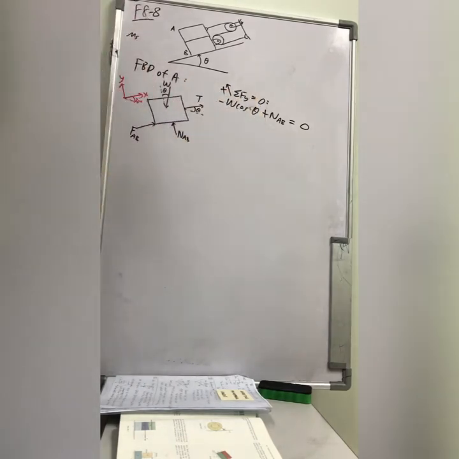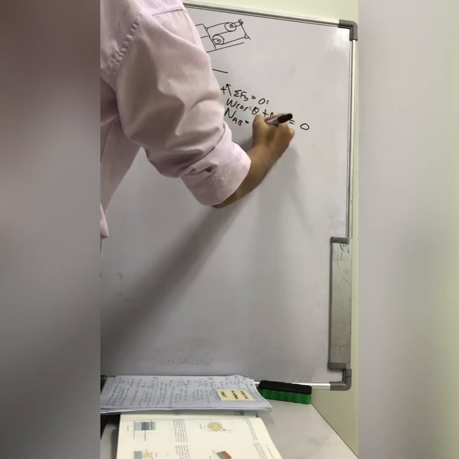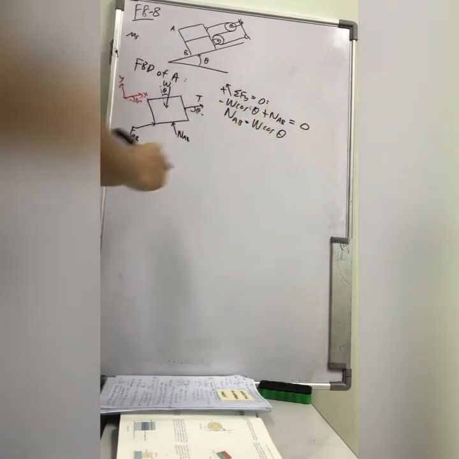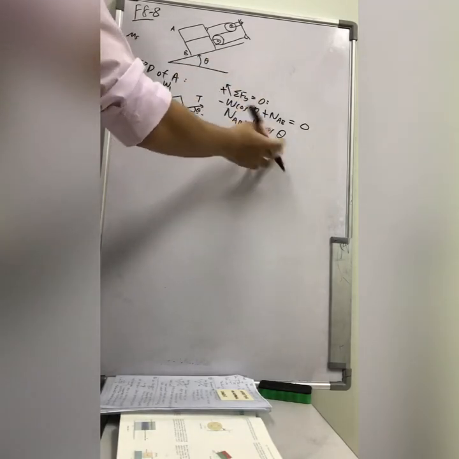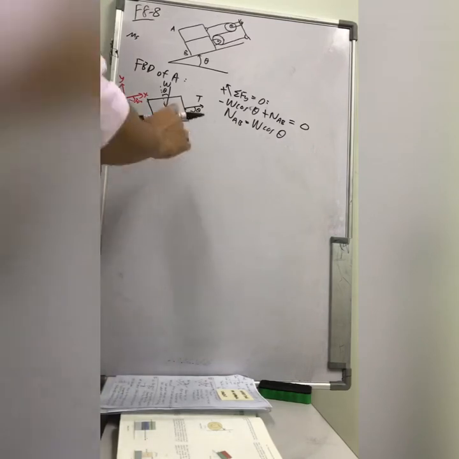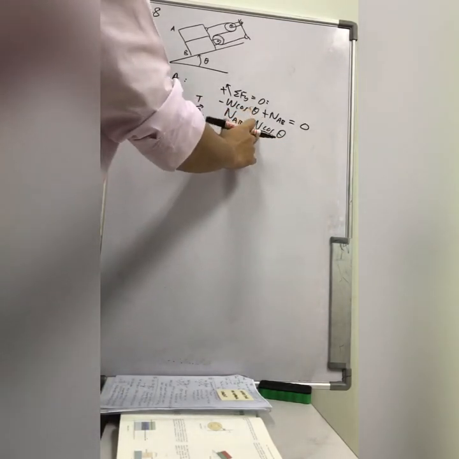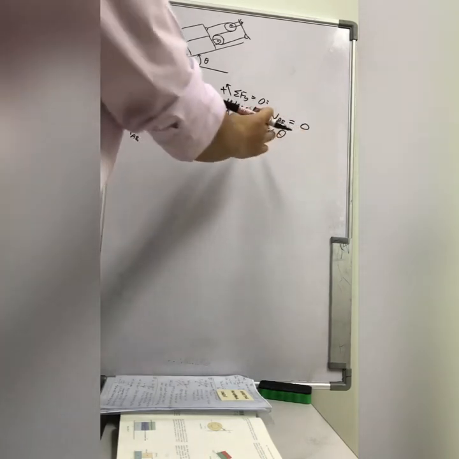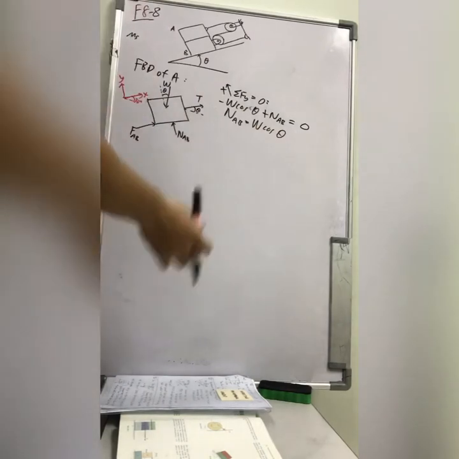So here you can express N_AB in terms of W, which is W cosine theta. Again, you could solve for W in terms of N_AB, but that's not what we want to do. We don't want to find N_AB in this case. Eventually, we want to find the relation between W and theta, which will be in the next equation. So we express N_AB in terms of this, not the other way around.